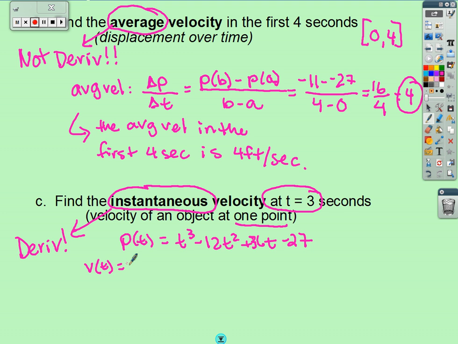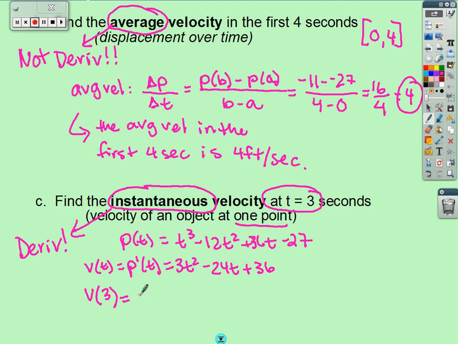And we said the velocity was the derivative of the position. So that's going to be 3t squared minus 24t plus 36. And we want to find the instantaneous velocity at time 3 seconds. What's the velocity? How fast is the particle moving and in what direction when time equals 3?